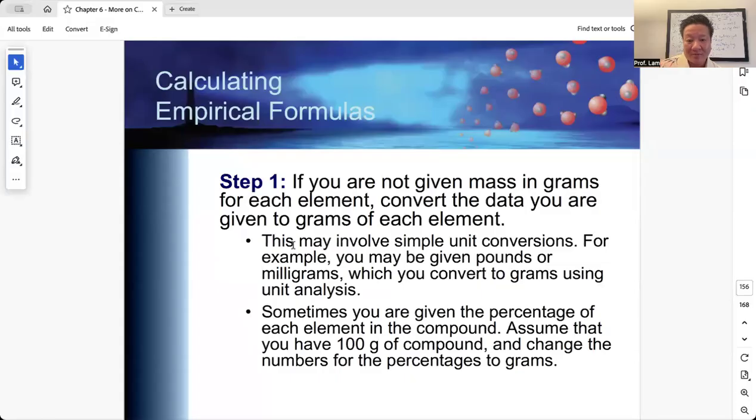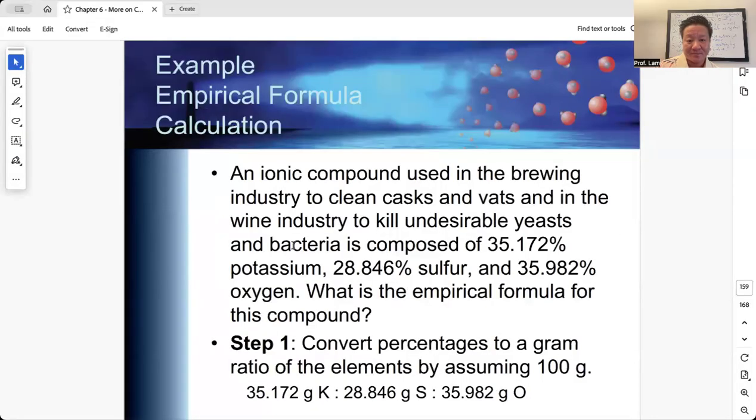We can pull one up from our slides here. This one says, an ionic compound used in the brewing industry to clean casks and vats, in the wine industry to kill undesirable yeast and bacteria, is composed of 35.172% potassium. So I'm going to write this on the board. We have these numbers to work with. Have the steps that I just showed you out in front of you.